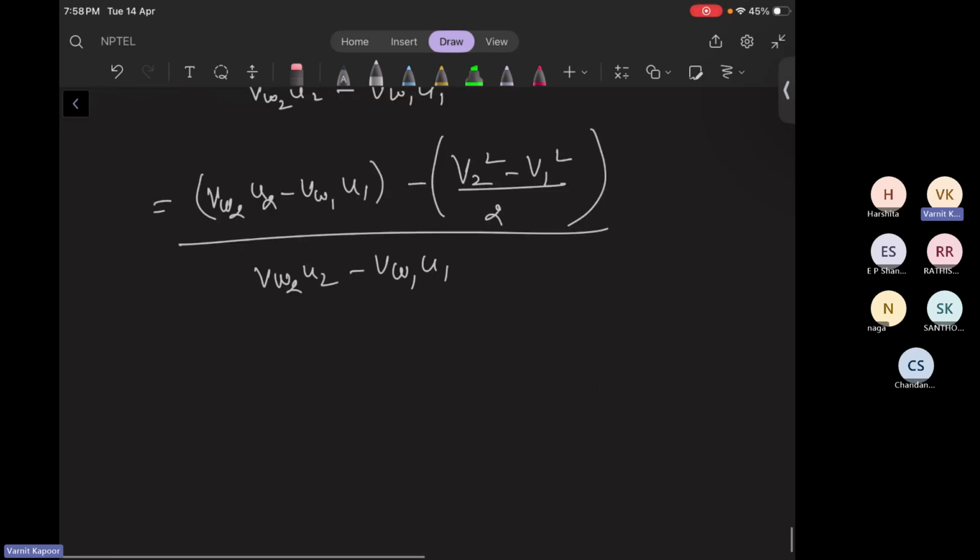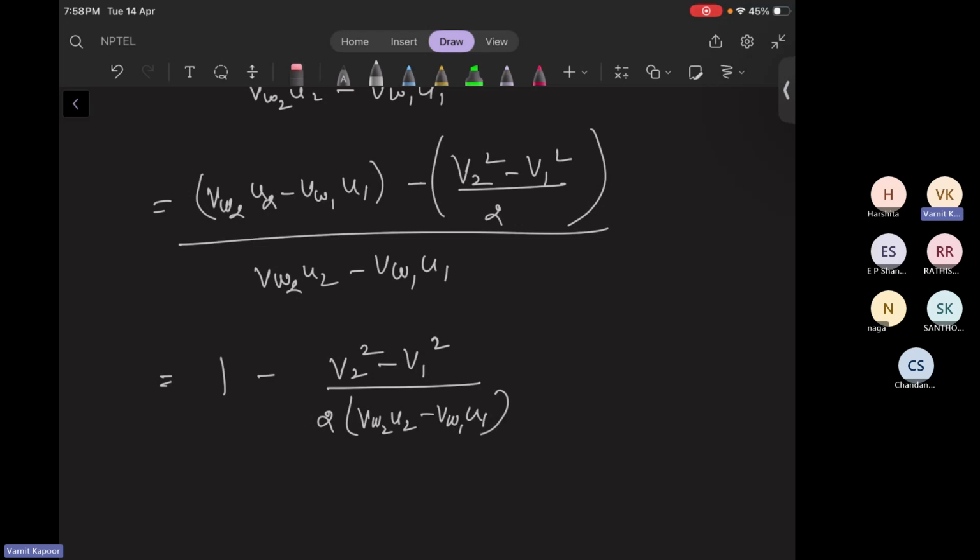We have derived the Euler work already. Separating both the numerator terms, it will be 1 minus V2 square minus V1 square by 2 times VW2 U2 minus VW1 U1.